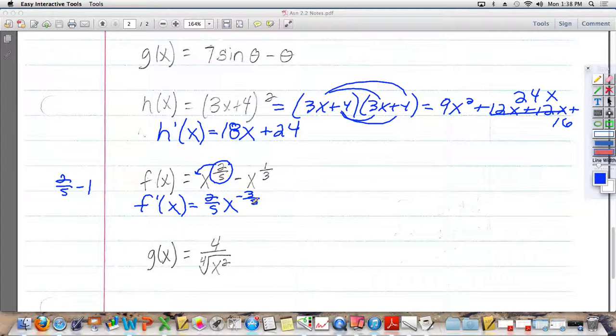We're going to move on to this thing now. We have 1/3. That has to be multiplied by the negative 1 in front of x. So we're going to have negative 1/3 x to the, and you take that 1/3 power and you subtract 1 from it. You get negative 2/3.